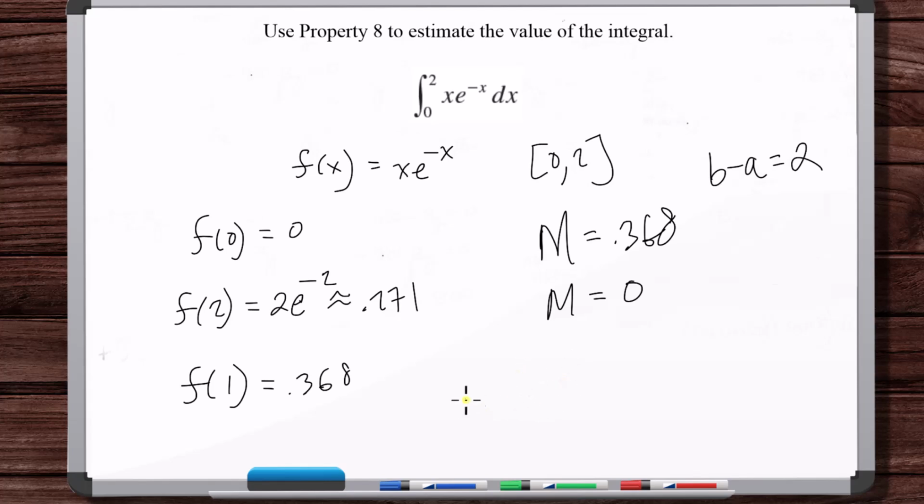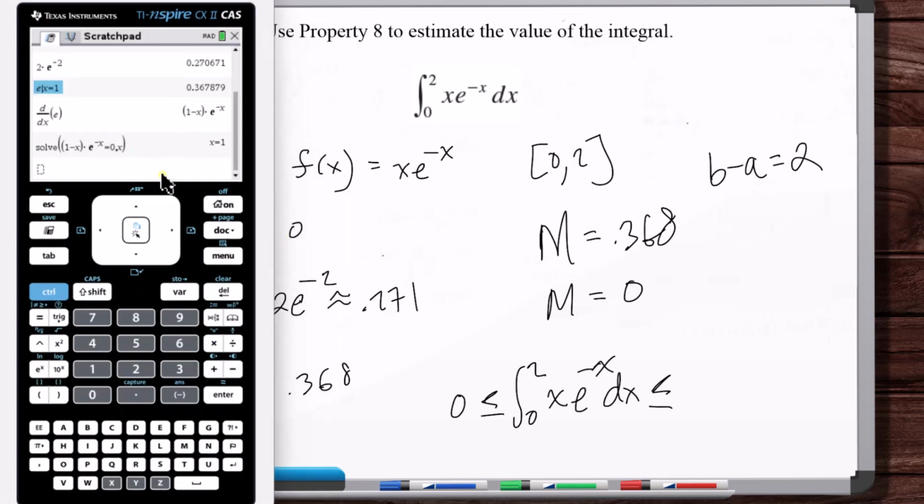So now we can use the property. 2 times 0 is 0, less than the integral of x e to the minus x dx, and then 2 times 0.368.